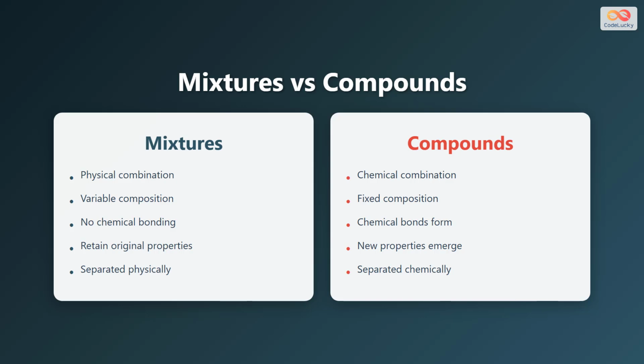Components in mixtures retain their original properties, whereas compounds develop completely new properties different from their constituent elements. Finally, mixtures can be separated using physical methods like filtration or distillation, but compounds require chemical methods to break them apart. This fundamental difference helps us understand and work with different types of matter in chemistry.